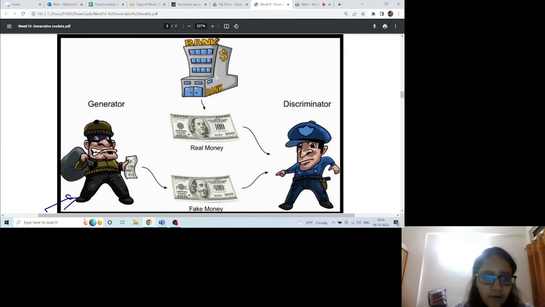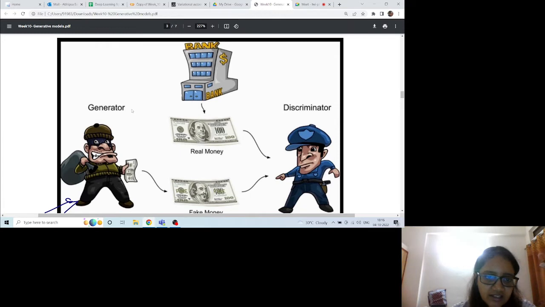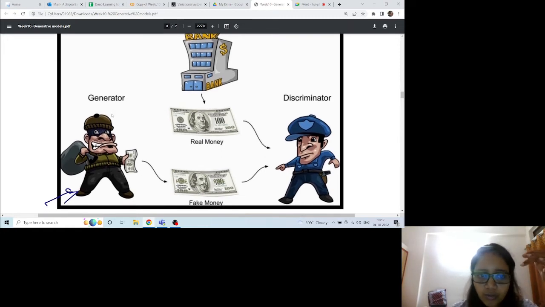If you are the thief, then consider this: while the discriminator's work is definitely to be the good guy and identify the real ones, we are actually on the side of the generator because we want to generate new images. Okay, so if you want to be a good thief, what would you do?